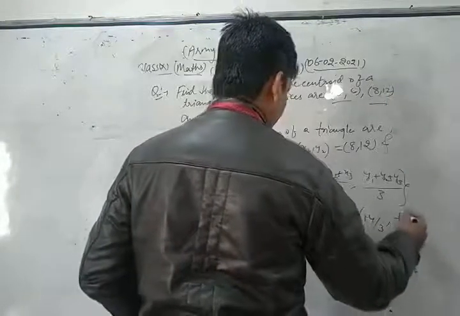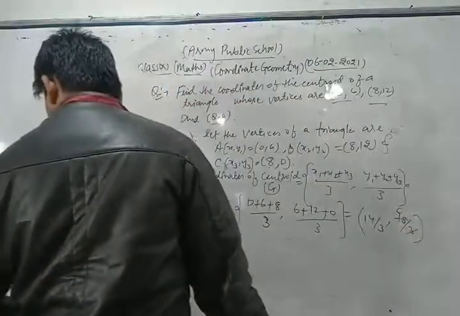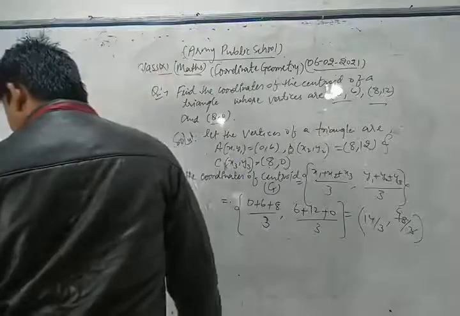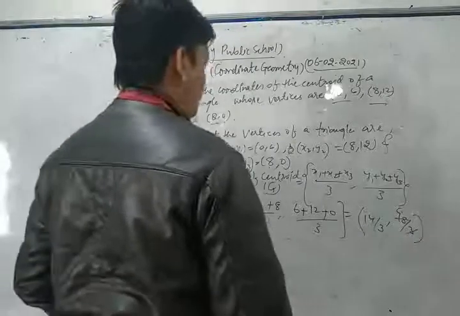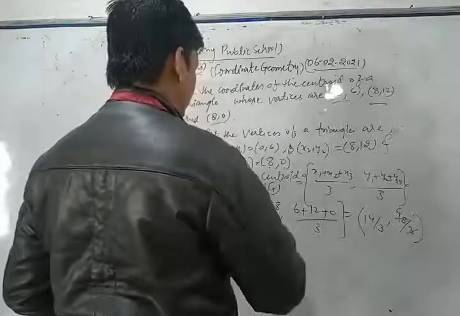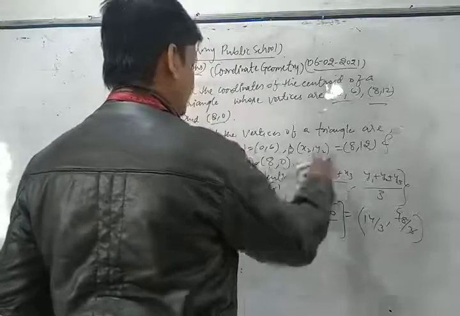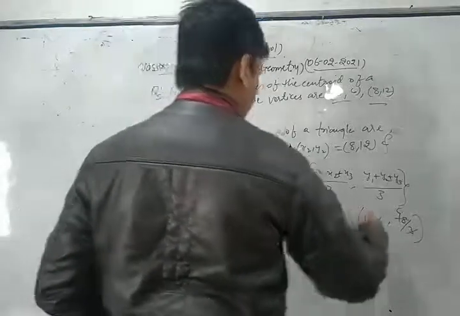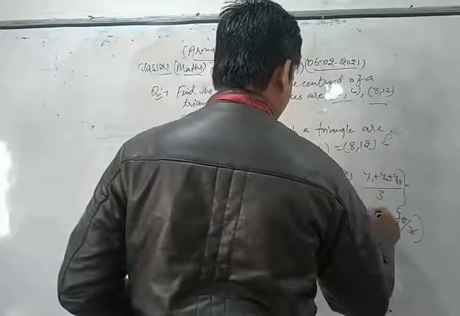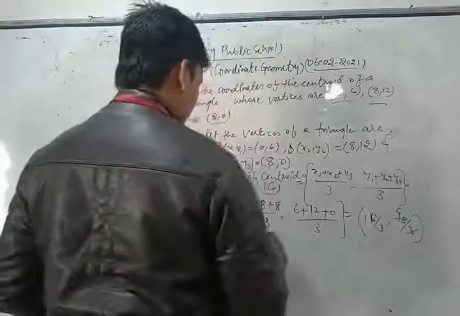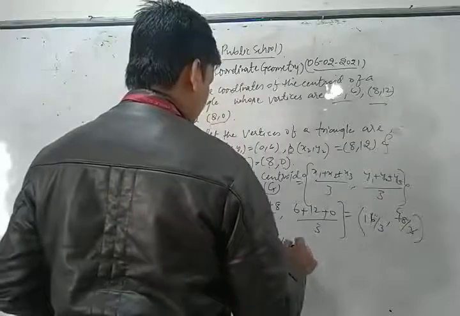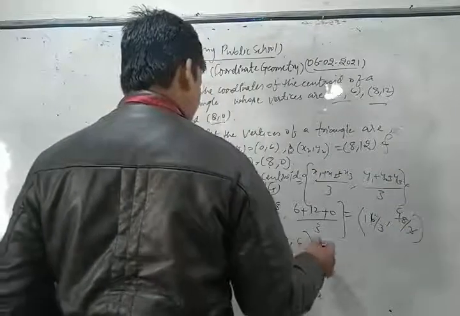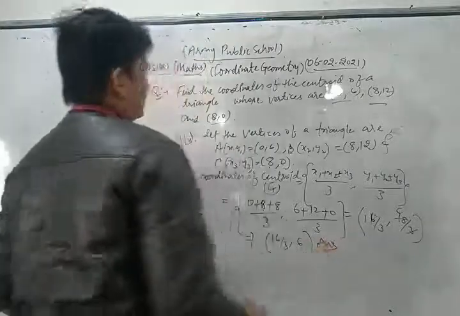So 3 sixes are 18. Okay, x1, x2 and x3, x2 is also 8, so this is 16. So the required solution is 16 upon 3 comma 6. This is the required solution of the given question.